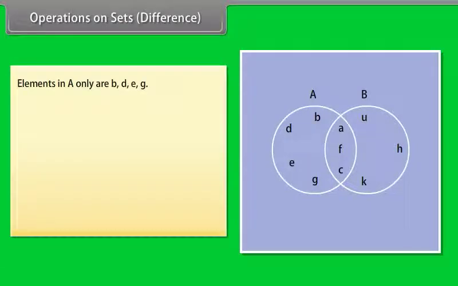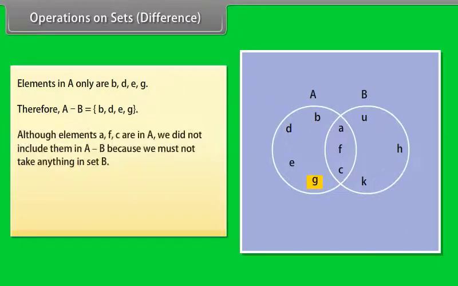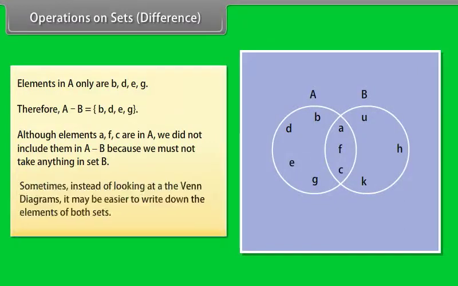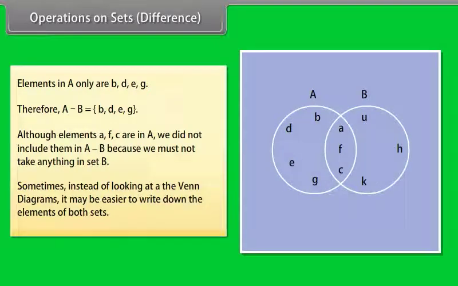Elements in A only are B, D, E, G. Therefore, A minus B is equal to {B, D, E, G}. Notice that although elements A, F, C are in A, we did not include them in A minus B because we must not take anything in set B. Sometimes, instead of looking at the Venn diagrams, it may be easier to write down the elements of both sets.